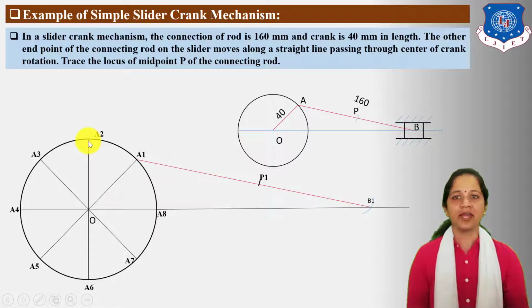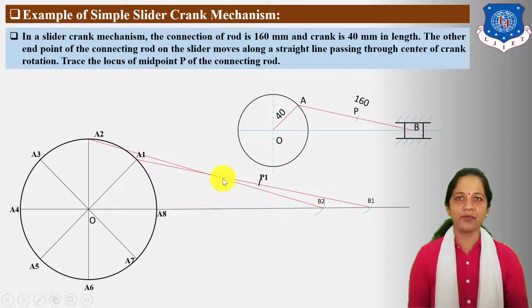Next, for the A2 position of the crank, find out the position of slider B2 on this horizontal path. So take center A2, radius 16 centimeters, and cut an arc on this horizontal path and mark point B2. Connect A2 B2 as the connecting rod and mark the midpoint of A2 B2, which indicates the locus point P2.